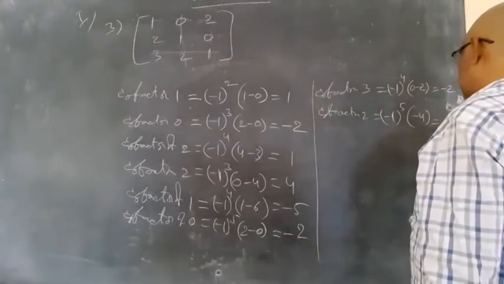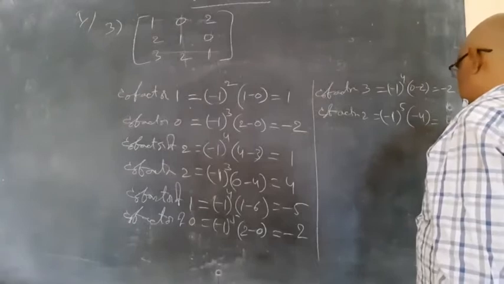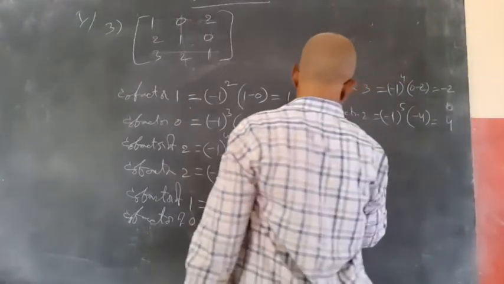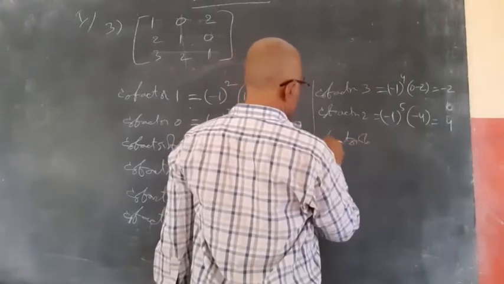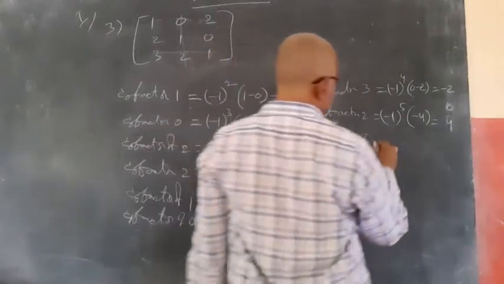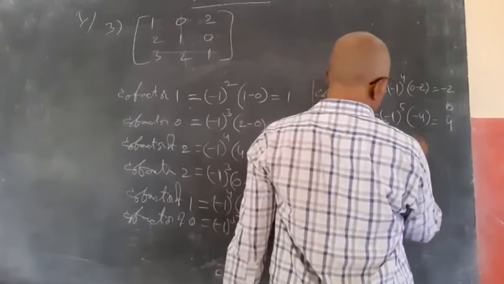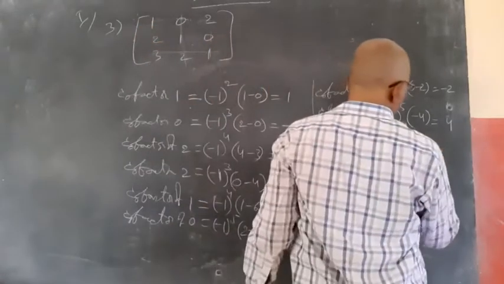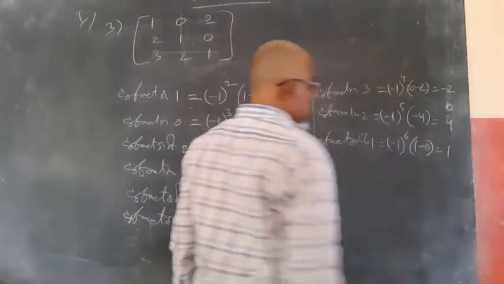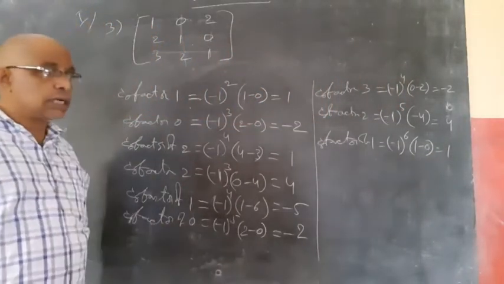Minus 4 into minus 1 is plus 4. Next, cofactor of last element 1 equal to minus 1 whole power 6, into closing this row, this column. 1 minus 0 is equal to 1. Now I got all the cofactors.